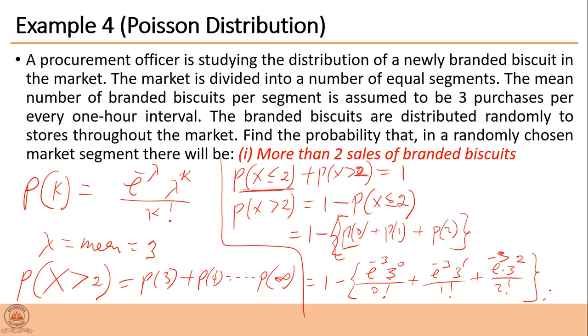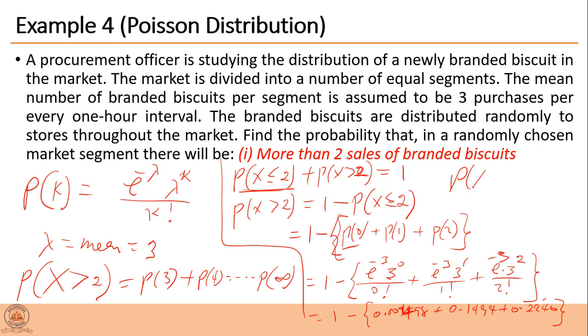So this is the calculation that we are going to do. Getting 1 minus 0.0498 plus 0.1494 plus 0.22.